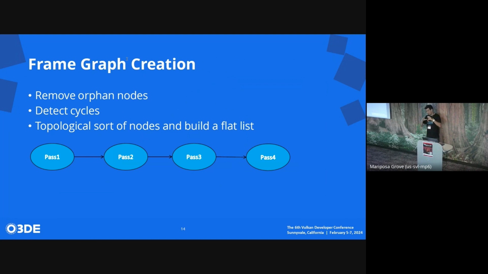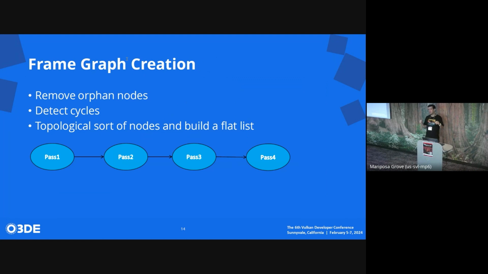So after we create the full frame graph for the frame, we go through all the frame graph and we remove any kind of nodes that are not adding anything, something that was left there. We do a detection of a cycle because the frame graph is an acyclical directed graph. So any kind of cycles that we detect means that the frame graph is invalid.